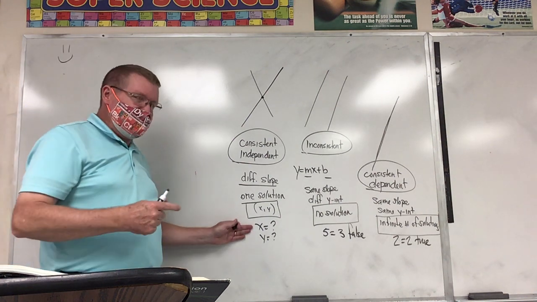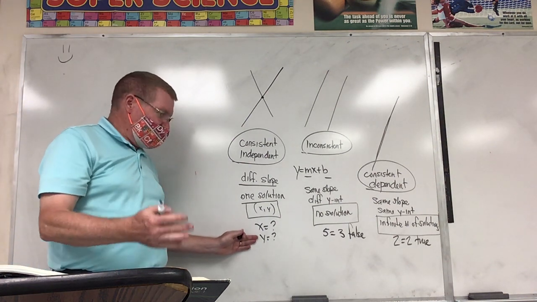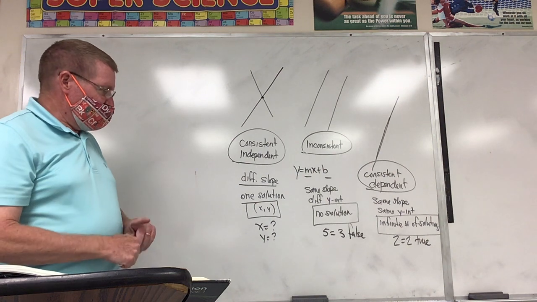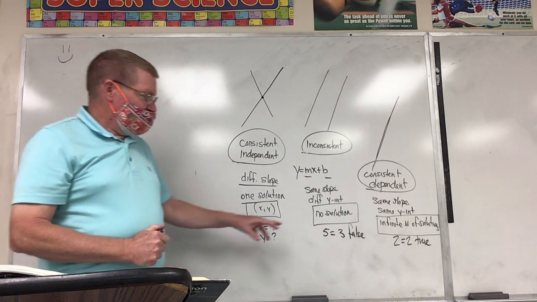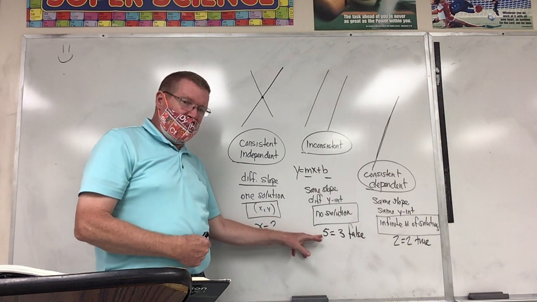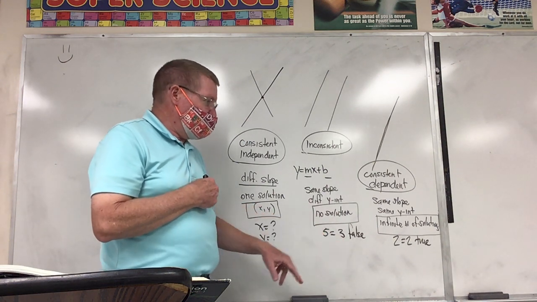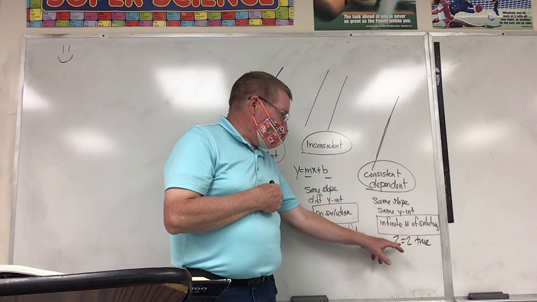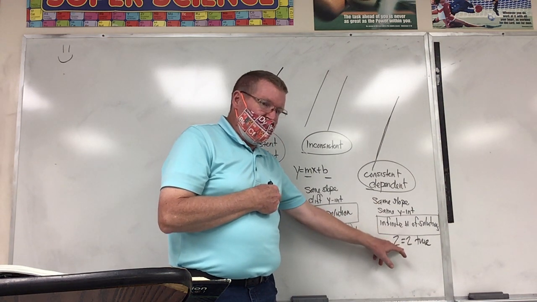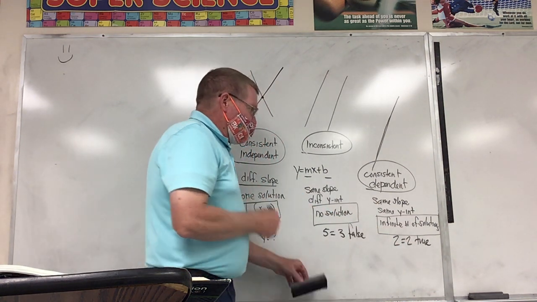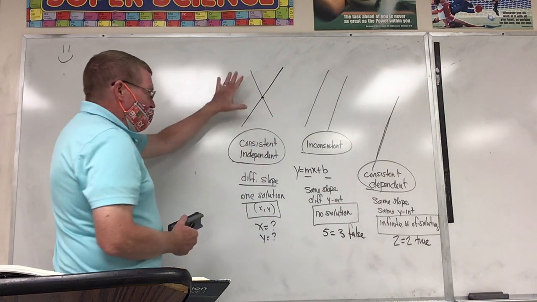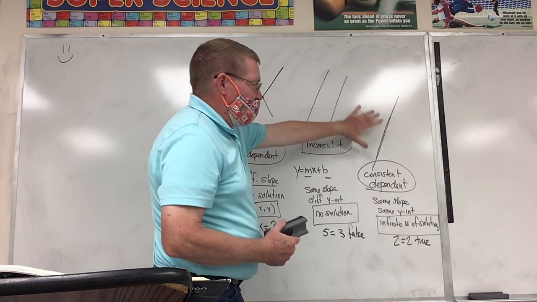Well, if I get x equals something, y equals something, then I have one solution, consistent independent. If I get a false statement with no x and no y, then it's no solution. If I get an infinite number of solutions, it would be a true statement. So let's see how we're going to use that. Okay? So three different ways: intersects once, doesn't intersect, intersects everywhere.